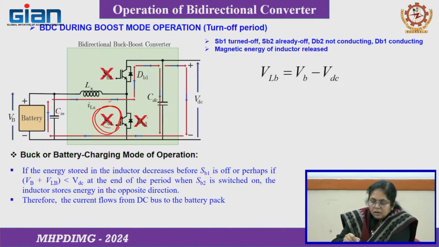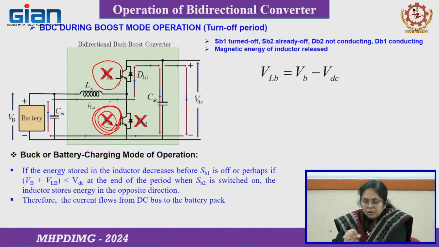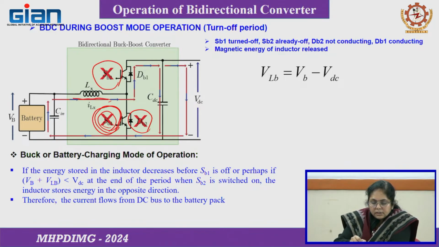SB1 is off, and you have not given a pulse to SB2, and DB2 is also not conducting. The inductor is storing charge and suddenly you cannot break this current.